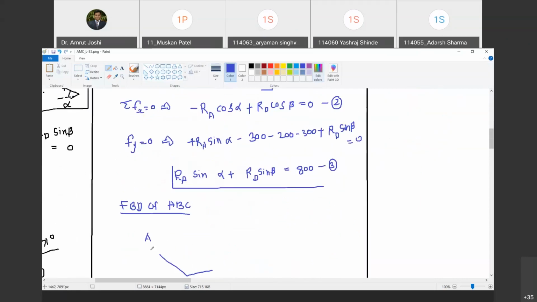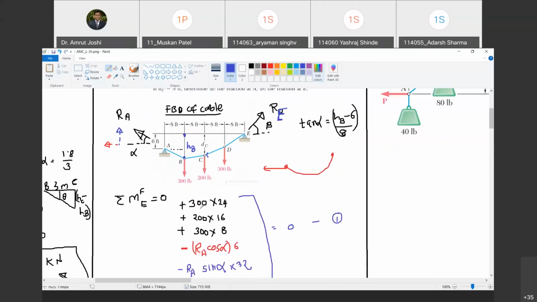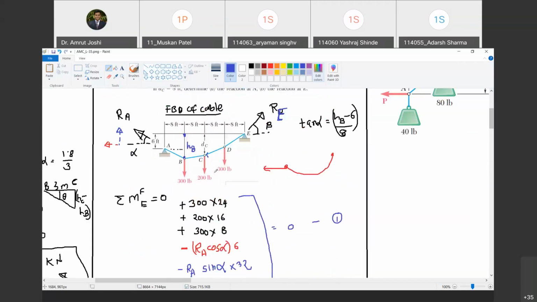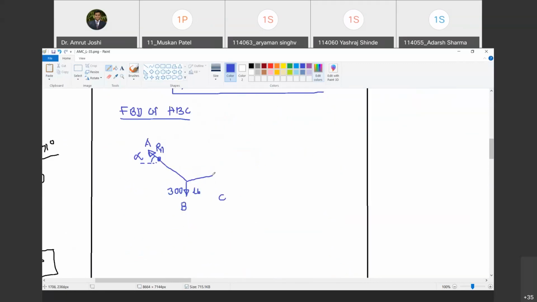So what is the force acting at A? It is RA at an angle alpha with horizontal. Agreed? Yes, sir. So this is RA at an angle alpha. At B, you have a 300-pound load acting downwards. Happy? Yes. At C, you have a 200-pound load acting downwards.